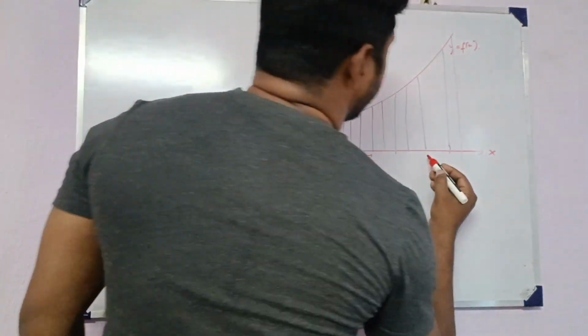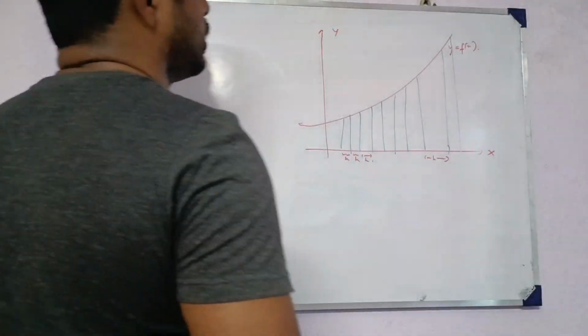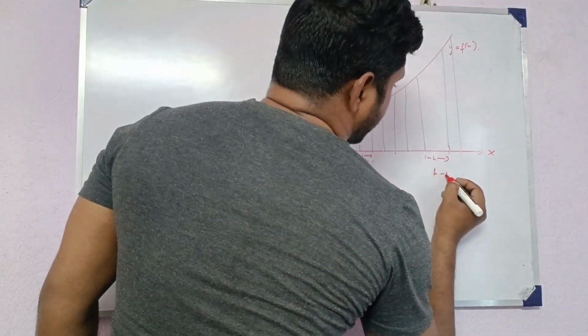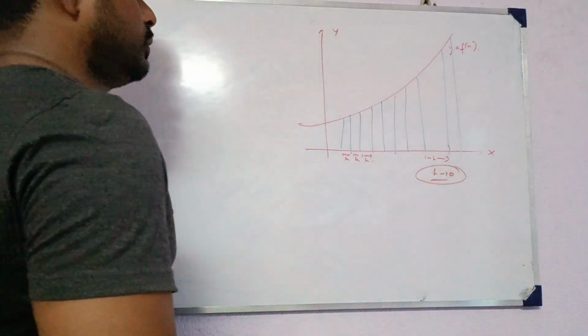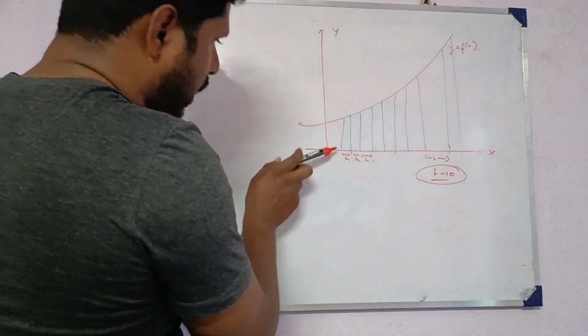Every gap is h. This gap is also h. So these lines are very close to each other, such that h tends to 0.